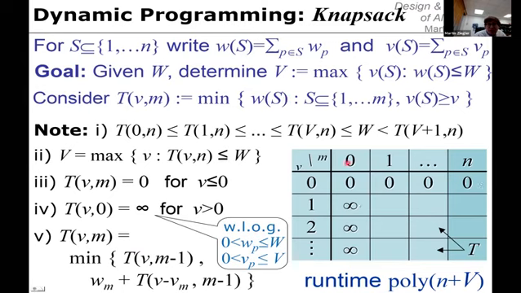Fill the top row, fill the left column, and then gradually fill the table column by column according to equation number 5, until finally the table is filled and the rightmost column is the one we're interested in, and there you can easily search for the threshold.